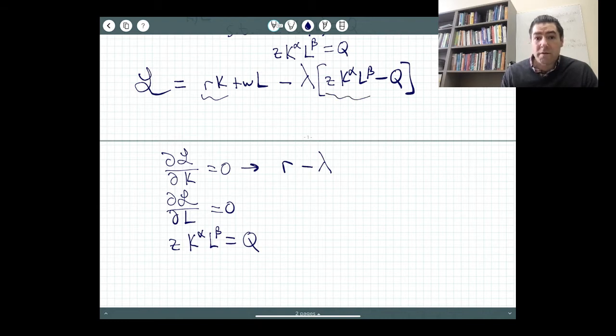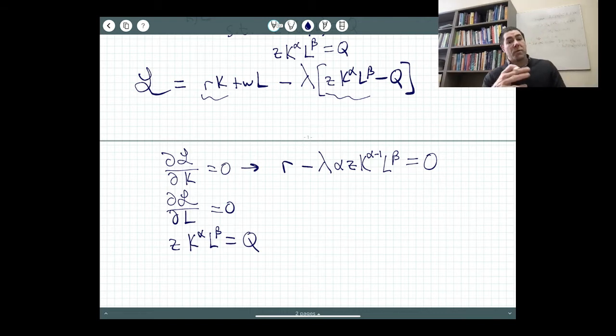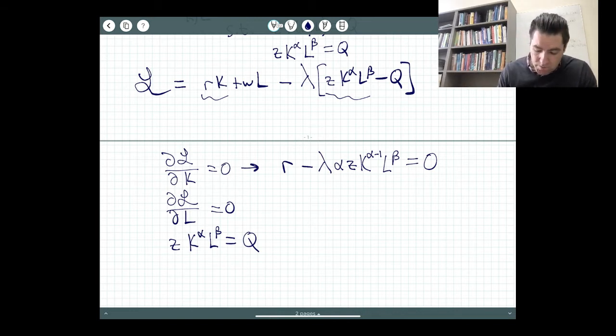That's the marginal product of capital. In this particular case, that's going to be alpha z k to the alpha minus 1, L to the beta, and that has to equal 0. So notice we're going to get the same condition there. The marginal product of capital equal to the cost of capital R.